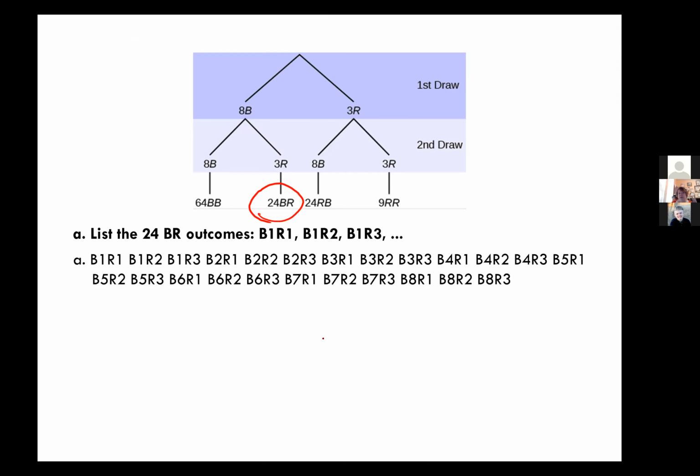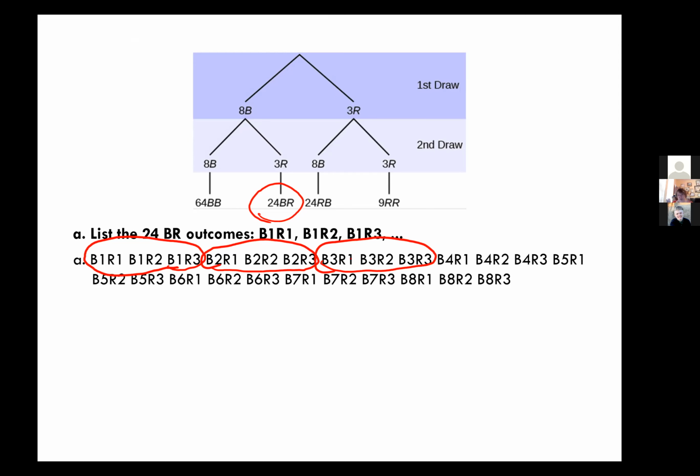So if I draw a blue one out, the first one's blue. Then the second draw, I could get one of three reds. On the second outcome, I could get a blue, and each one of those could be red. I'm not saying this very well. Okay, the first branch has 8 blues, and each one of those 8 blues, you could get 3 reds. So there are 8 possible outcomes, could be blue, and each one of those, you could get a red for the second one.